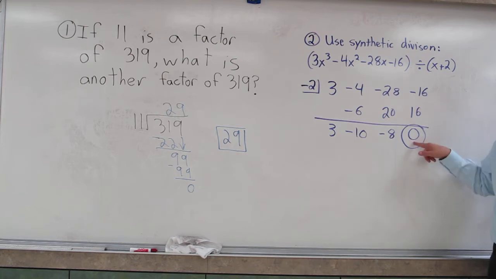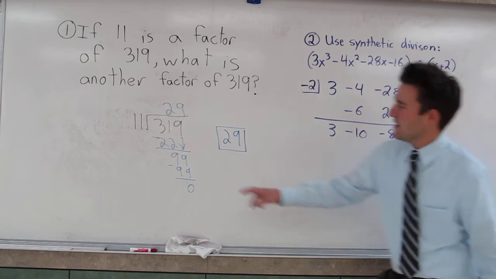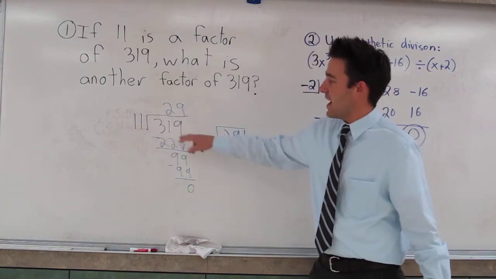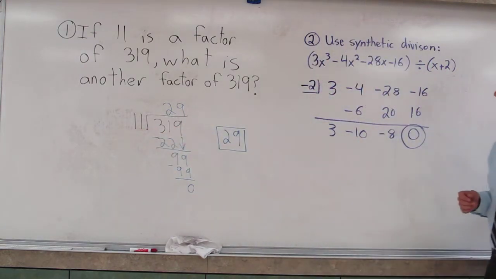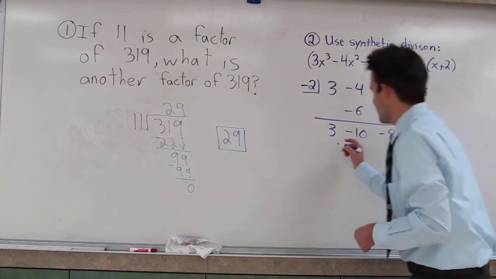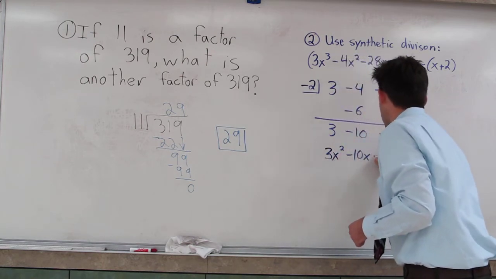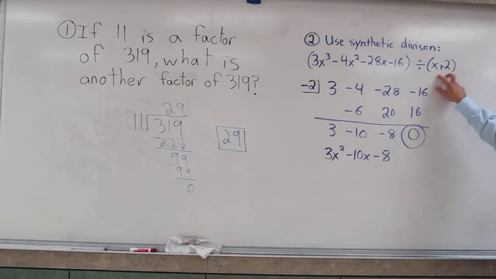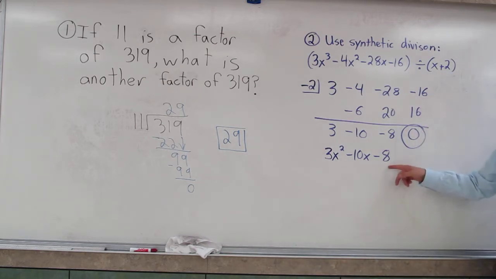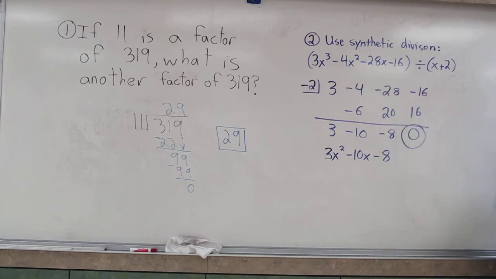Let's connect this 0 to this 0. Here we had 11 times 29 equals 319. What we just found is that x plus 2 times 3x squared minus 10x minus 8 equals our original polynomial.